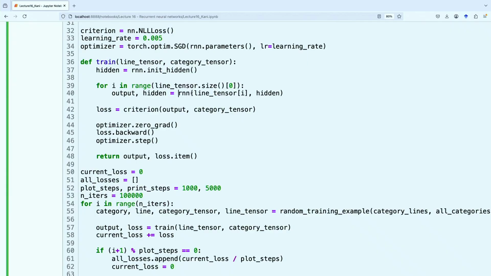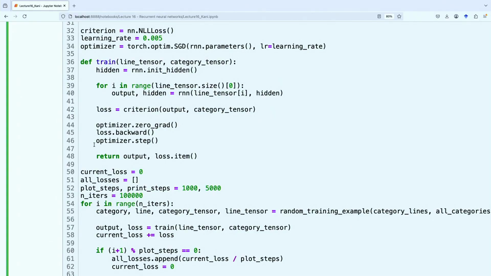Just run the RNN on each character, and then we calculate the loss on the last output. We take the last output, we calculate the loss against the ground truth, and then we do the zero gradient. We calculate the loss backward, and then we use the optimizer to optimize the model.